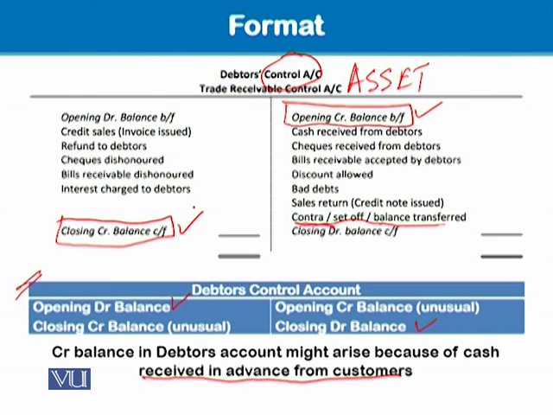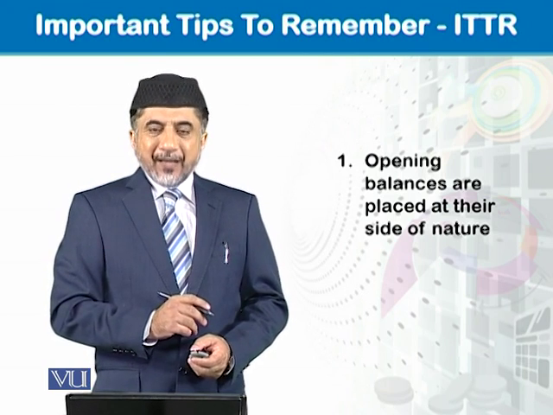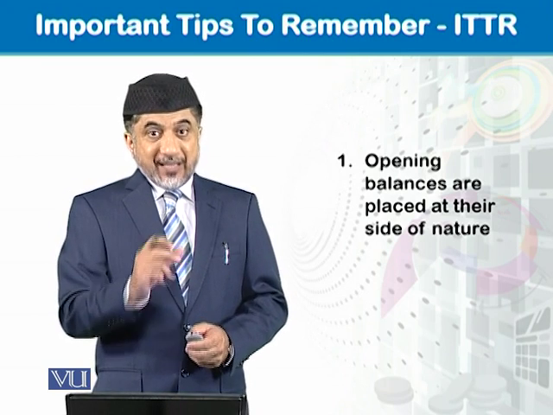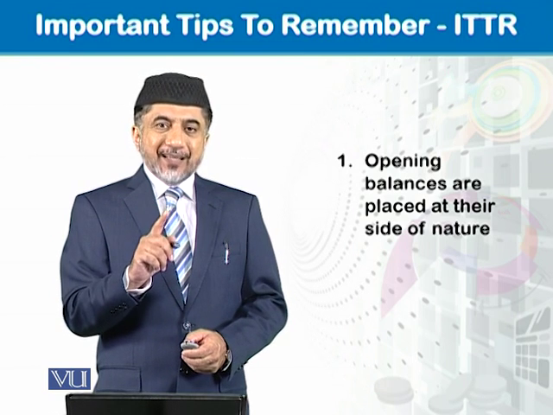So this thing I am reiterating in this blue area once again, that in the debtors control account, our opening debit balance will be placed in the debit side, and opening credit balance will be placed in the credit side, although it is unusual. And closing balances, we know, are always placed in the opposite side. Closing debit balance will be placed in the credit side, and closing credit balance will be placed in the debit side. So the important tips to remember in this module are that opening balances are placed at their own natural side: debit balance opening in the debit side, opening credit balance in the credit side.